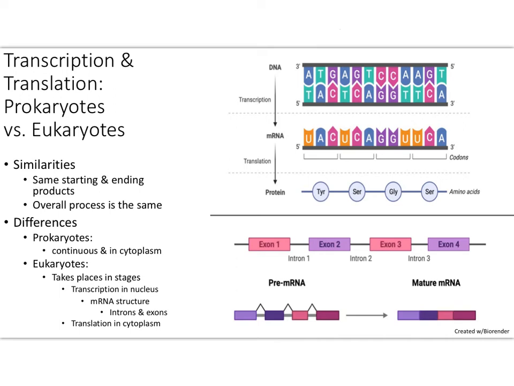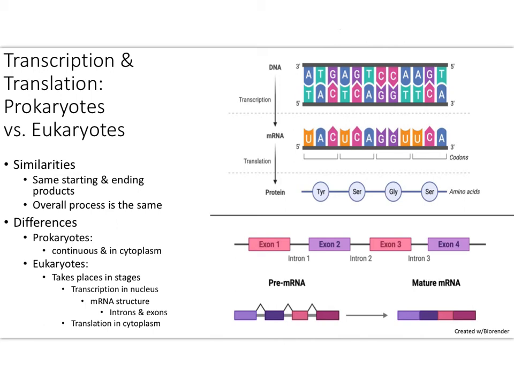Remember, eukaryotes have a nucleus that contains all of their DNA, and RNA polymerase has to travel to that nucleus, read the DNA, create the mRNA, and then the mRNA has to be sent out of the nucleus into the cytoplasm of the cell, typically to the endoplasmic reticulum, so that translation can occur. So in eukaryotes, transcription occurs in the nucleus, and translation occurs in the cytoplasm, usually around the endoplasmic reticulum.